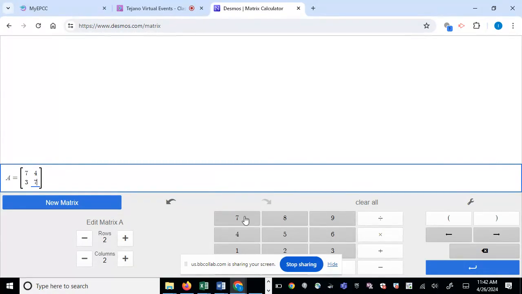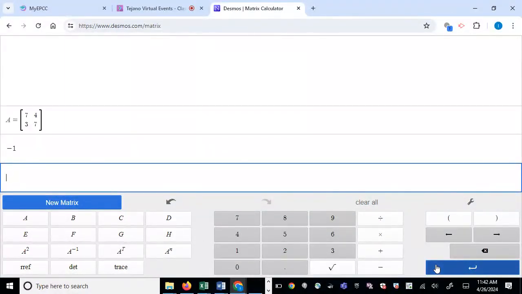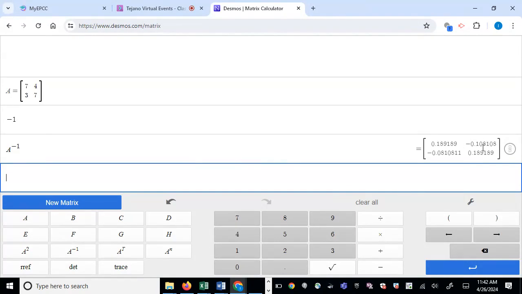And 7, it's fine. All right, so I'm going to press enter. So let's say you want to find the inverse, you would press A inverse. Oops, let me clear that. Okay, let me press enter. So you would press A because that's the name of your matrix, then the inverse, and you would press enter, and it would give you your answer here.